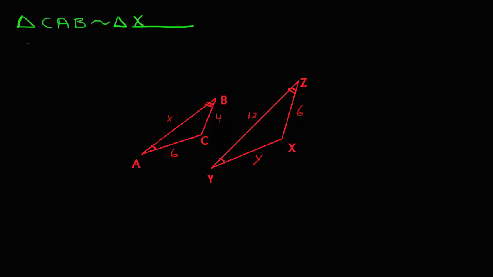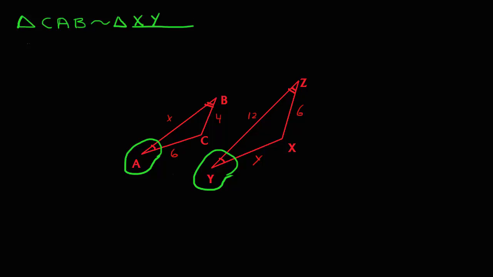Angle A is listed second. It has one congruency mark in it, and angle Y also has one congruency mark. And since angle A is congruent to angle Y and angle A is listed second, angle Y must also be listed second.